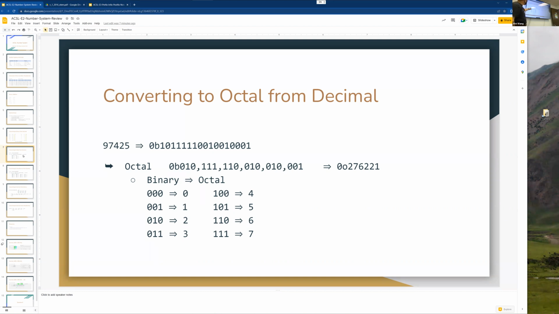So how do we do this conversion? Can you break it into 3 numbers, because octal is like 3 numbers, 000? Yeah. So every 3 bits. We call them bits.